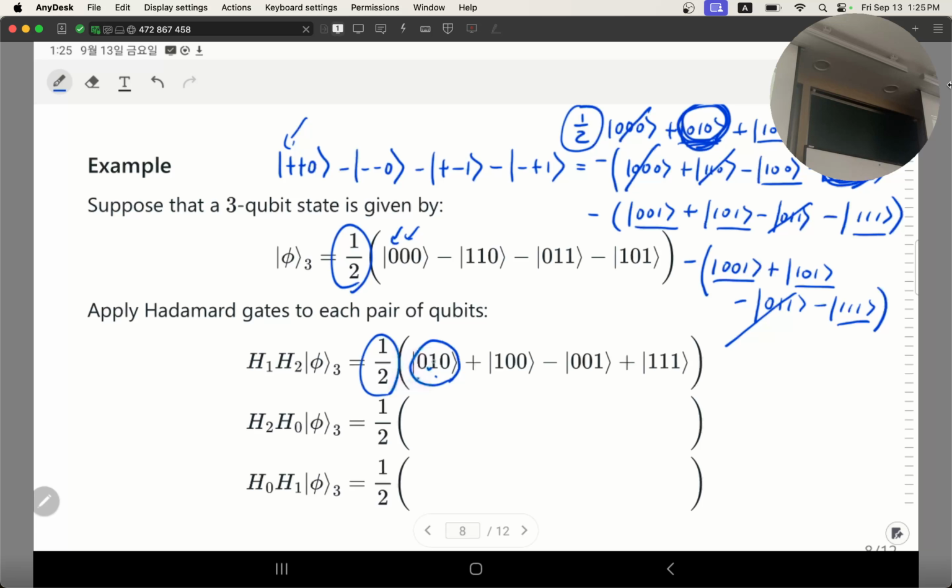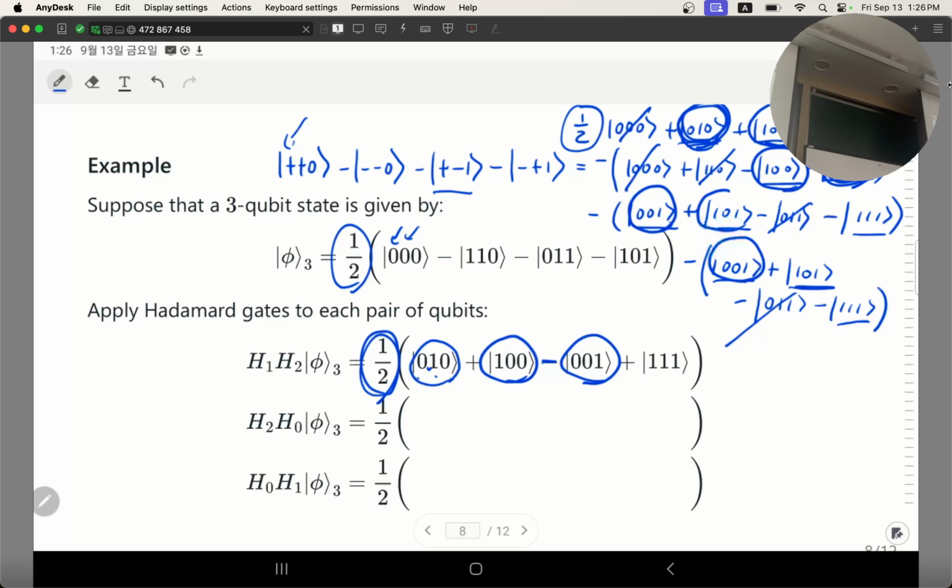So I have this. And 1, 0, 0, I keep these 2. So it's here with the coefficient 1 over 2. And 0, 0, 1 have a minus sign, but there are 2. So I keep this. And then I have this one. Oh, there should be cancellation. So let me check. 101 comes from here. 101 is a plus sign.